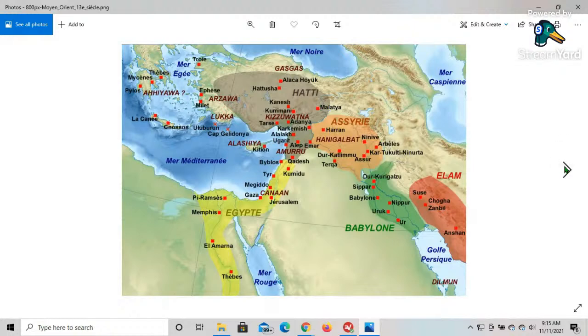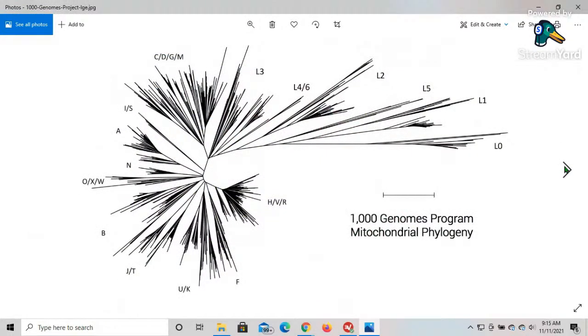Anyway, so not necessarily in the proper order. This is the mitochondrial DNA. The L haplogroup is the Hamitic mitochondrial DNA of the maternal side, only found in Africa originally.